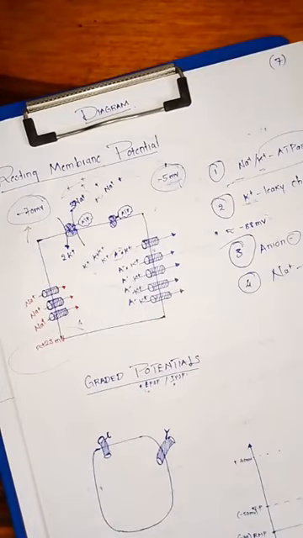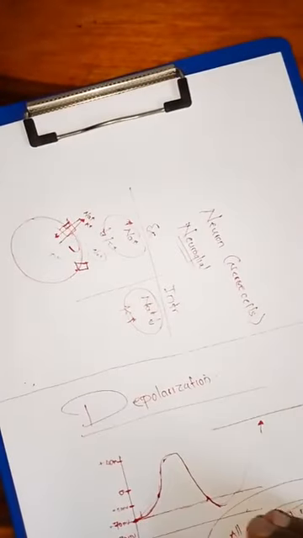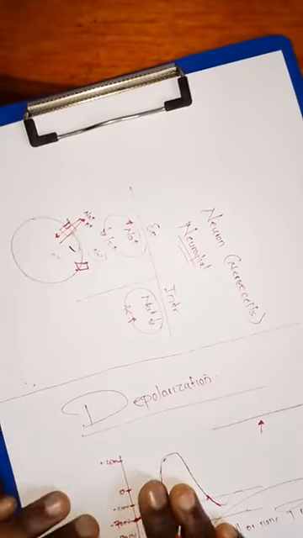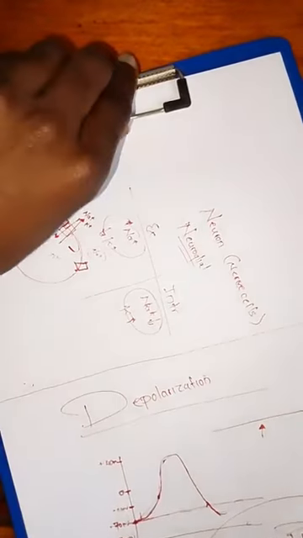So having known this, there is what we call an equation. This equation is known as the Nernst equation. It helps us to know how much electric potential a particular ion alone would contribute to the membrane when the membrane was just permeable to that particular ion.